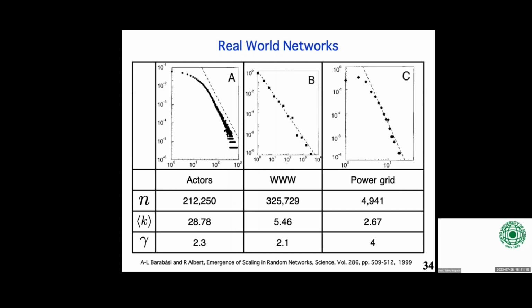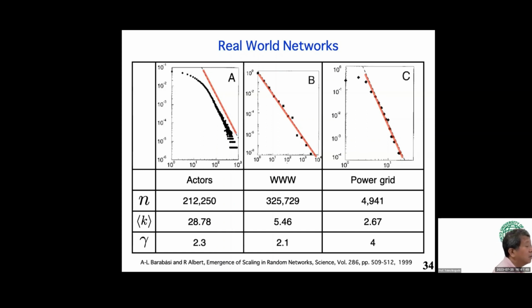Please note that in the figure above, you can see a straight line for data A, a straight line for data B, and a straight line for C. These straight lines appear when the degree distributions are plotted on a log-log graph.